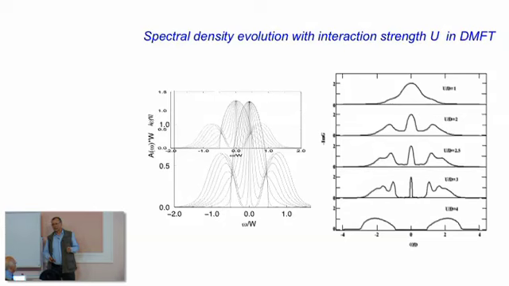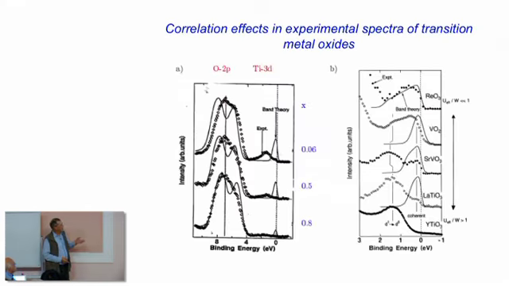I would like to emphasize again it's the same electrons, the same orbitals, which show you itinerant and localized behavior. And nowadays that is experimentally a typical case of correlated spectra. You have something at the Fermi level, that is the quasi-particle band, and Hubbard bands. This line is the LDA calculation.